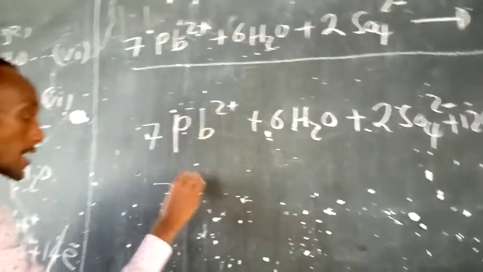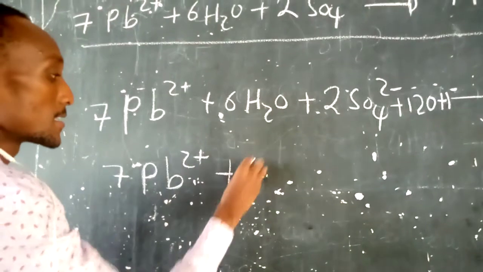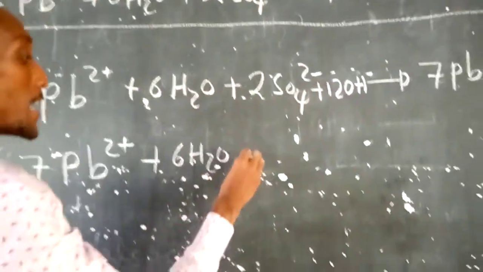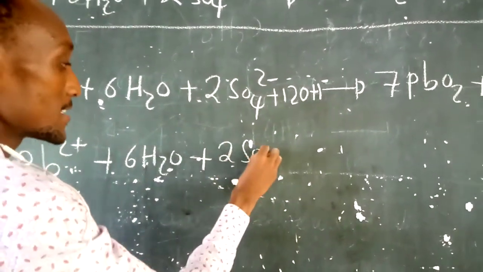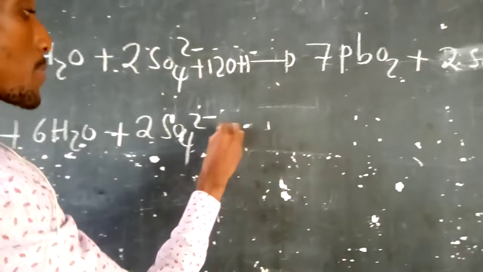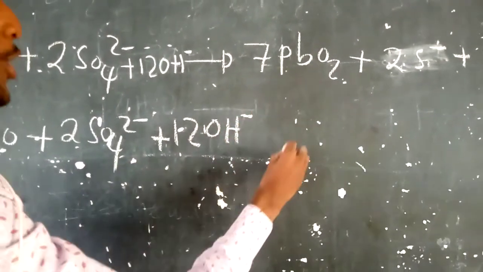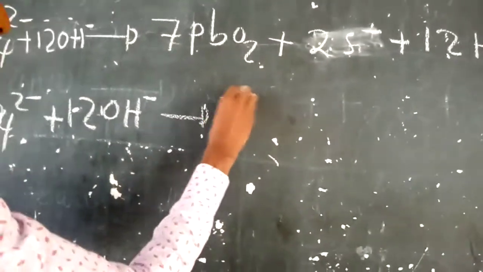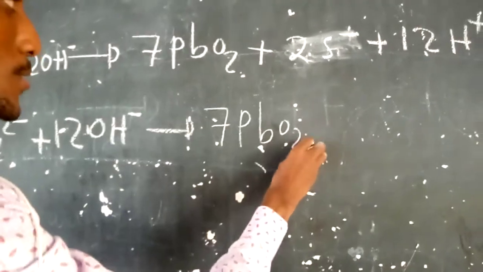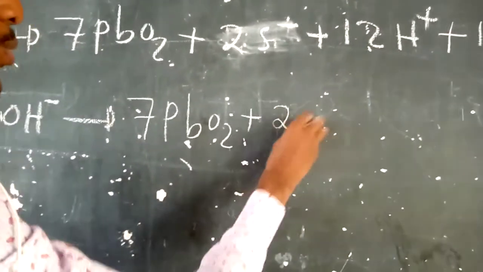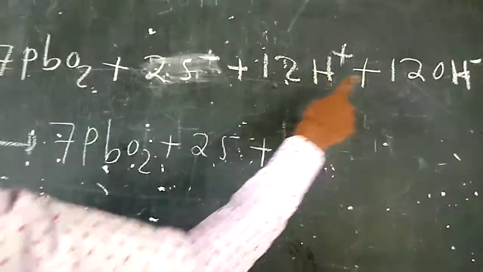After addition, it will look like this: 7 lead 2 ions plus 6 water molecules plus 2 sulfate 2 negative ions plus 12 hydroxyl groups to get 7 lead oxygen 2 plus 2 sulfide plus 12 hydrogen protons and 12 hydroxyl groups.